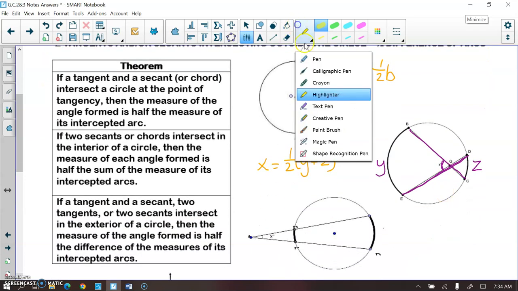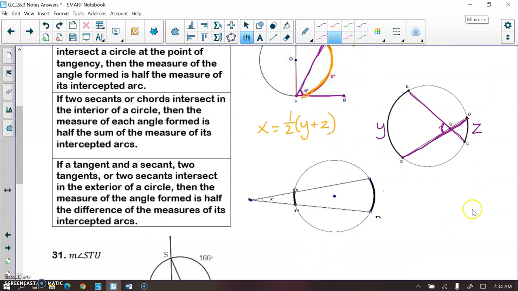And then our last one for this lesson is if we have two tangents or a tangent and a secant, or two secants intersecting on the exterior of a circle. So here I have two secants intersecting on the exterior of our circle.